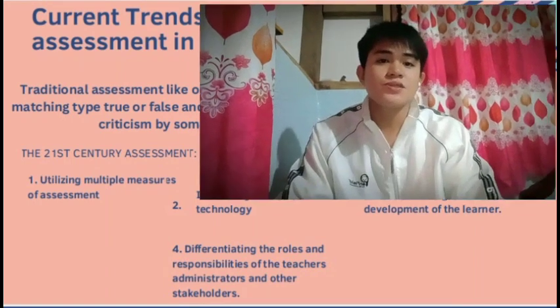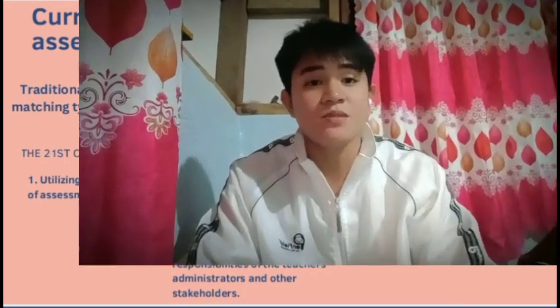Furthermore, there is a focus on differentiating the roles and responsibilities of teachers, administrators, and other stakeholders in the assessment process.